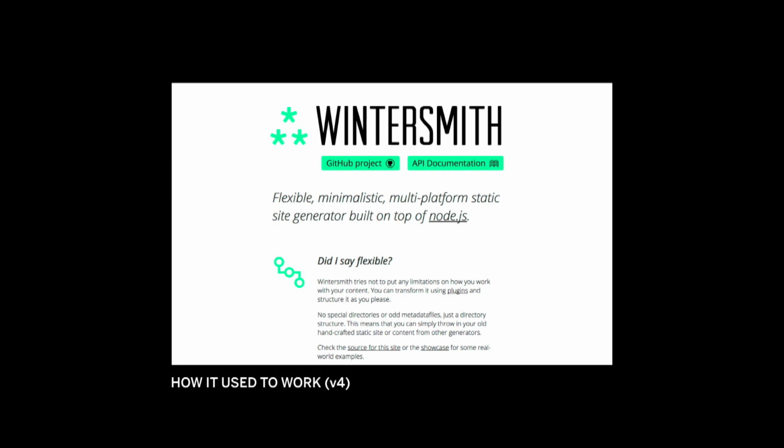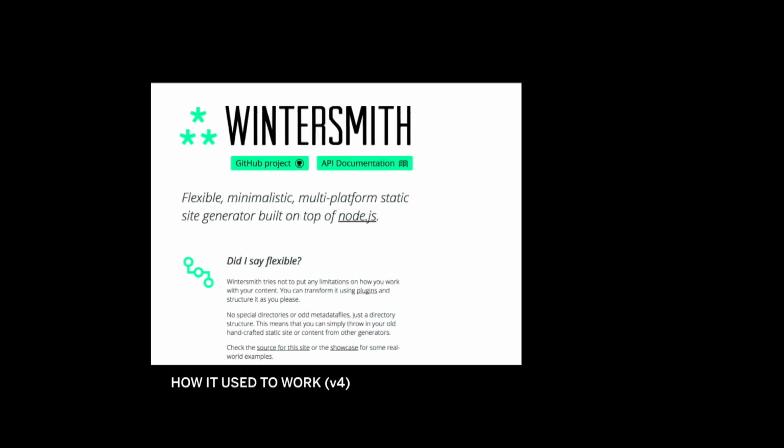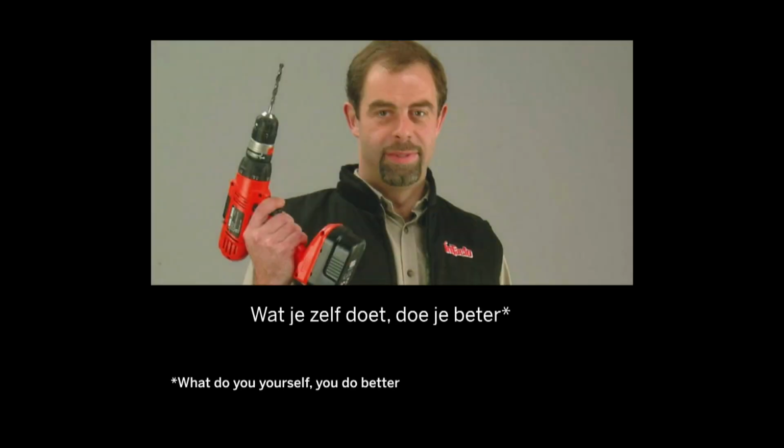And we changed Jekyll, which is built on Ruby, to Wintersmith, because we had this theory that Ruby is slow, and maybe we can change it by swapping it with Node. But that didn't really solve the problem. Then we thought, "Wat je zelf doet, doe je beter." For the non-Belgians, what you do yourself, you do better.